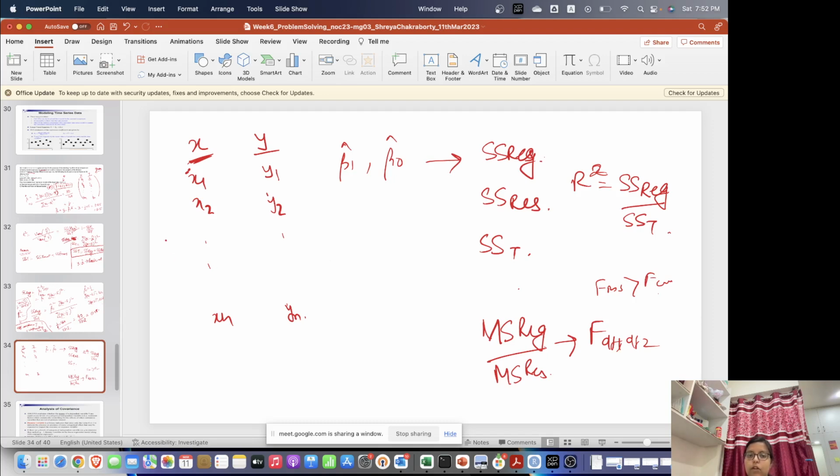But for all of this we first have to compute beta 1 hat and beta naught hat, get the sum of squares due to regression and residuals, and remember that total sum of squares is partitioned into sum of squares due to regression plus sum of squares due to residuals.